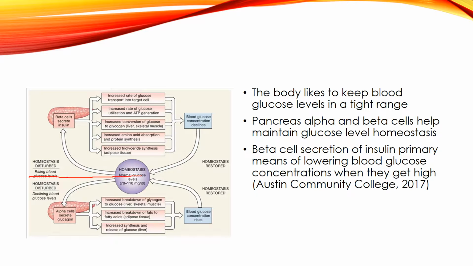In regards to this presentation, we're mostly concerned with the upper half of this graphic. As you can see, as blood glucose levels rise, beta cells secrete insulin, which have a number of effects on the body. These effects lead to glucose concentrations being lowered.